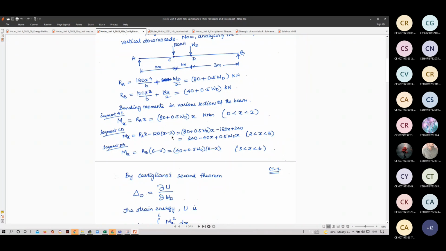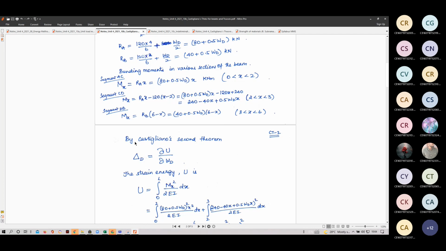We simplify this and write it like this. So this is the bending moment expression between 2 and 3. And between D and B, the bending moment you can calculate from the right: RB times 6 minus X. We can simplify it further or leave it here.